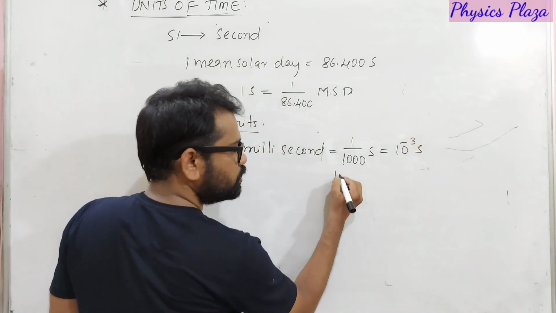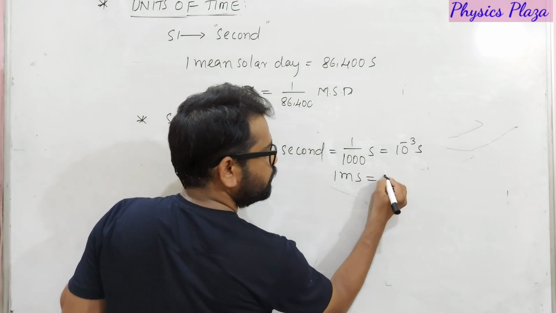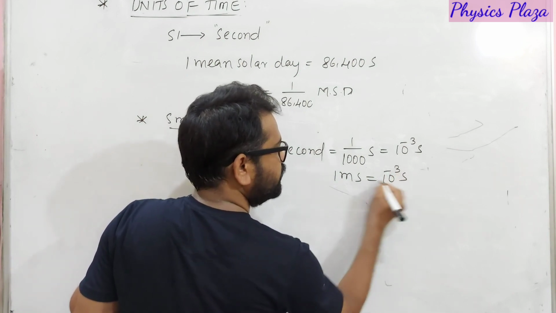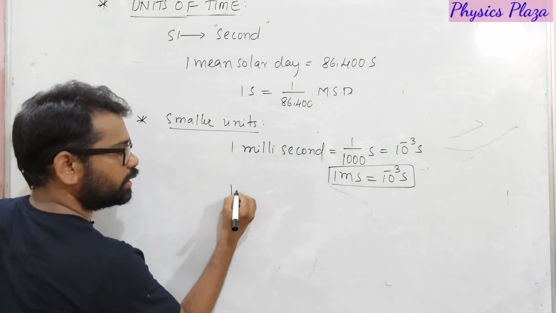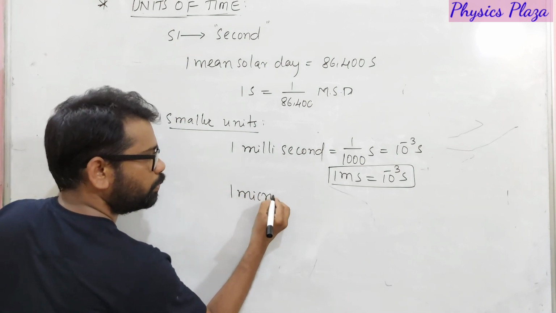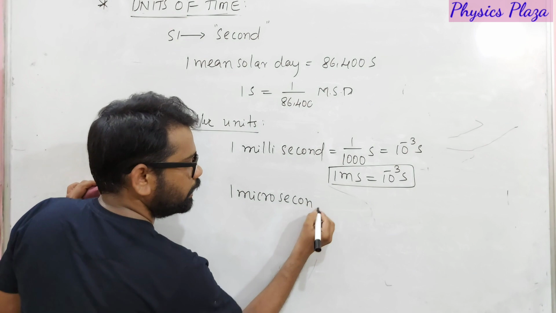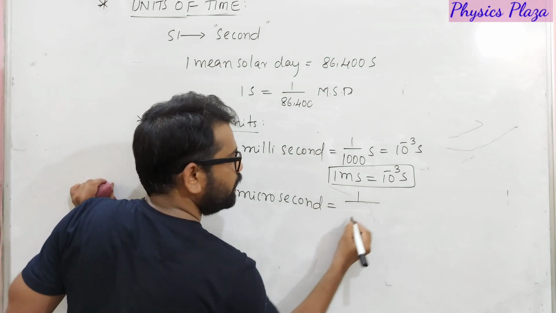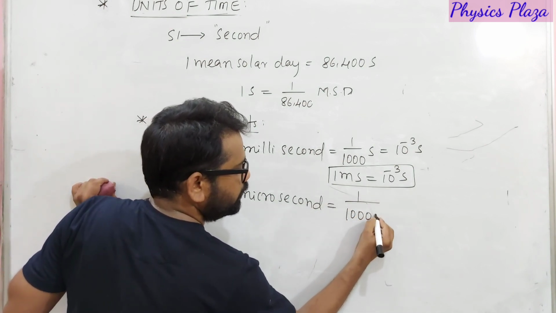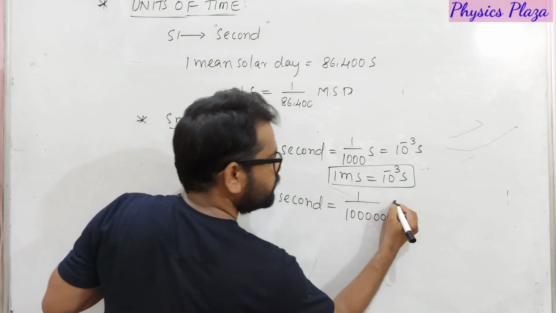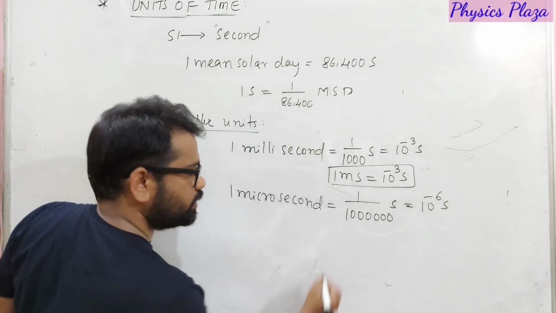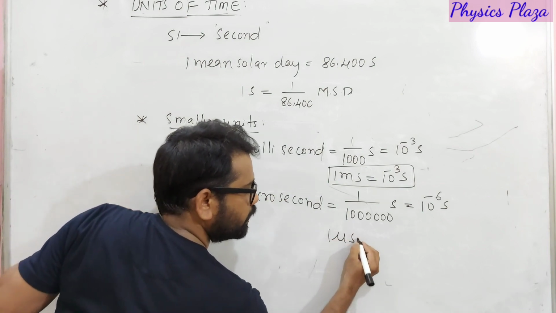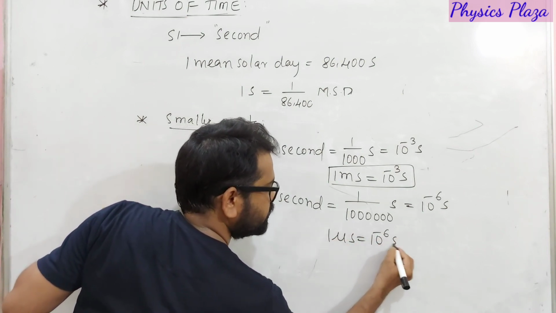The symbol: 1 ms is equal to 10 power minus 3 second. And other than this, we have microsecond. Microsecond is 1 by millionth part of a second, so it can be written as 10 power minus 6 seconds. The symbol: 1 microsecond is equal to 10 power minus 6 seconds.